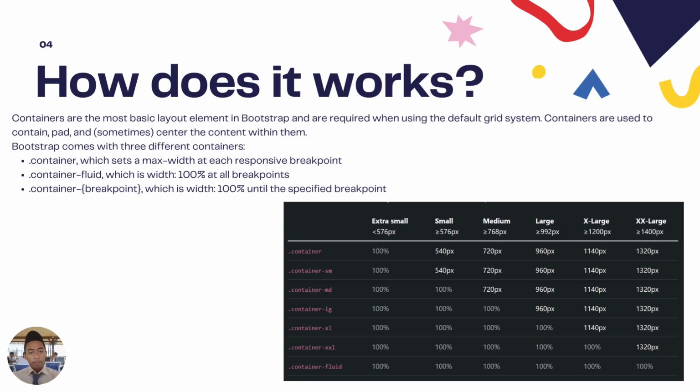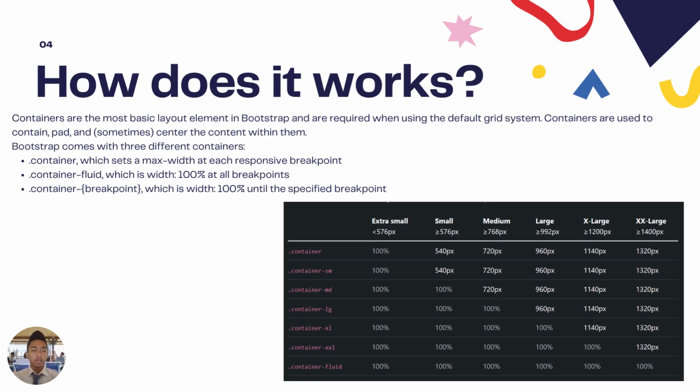But when the screen is less than 992 pixels, it will change the width to 100%, so it will be full all the way across the screen. And also container-fluid, which is 100% width at all breakpoints.